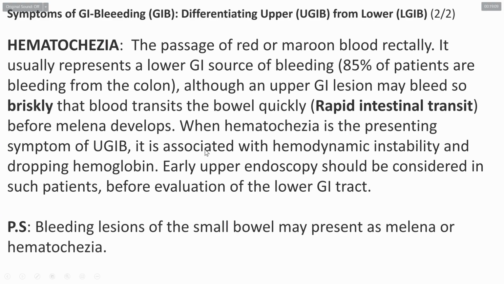And these patients are more likely to die than classical hematochezia from colonic causes, because they have bled much higher volumes of their intravascular volume, and they will be at much higher risk of death from shock states and cardiac arrest due to significant intravascular depletion. Okay, so that's why if you suspect hematochezia due to upper GI bleeding, do gastroscopy first.